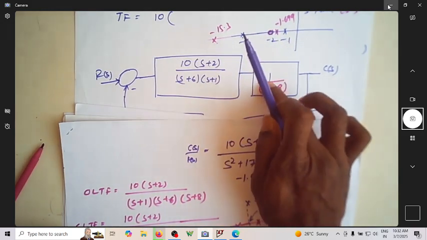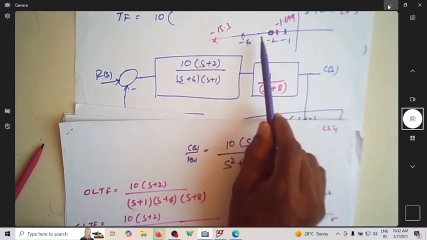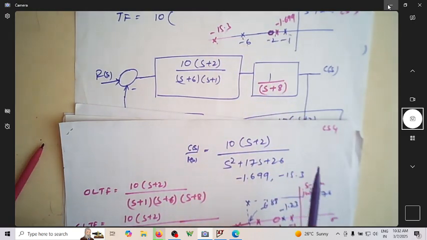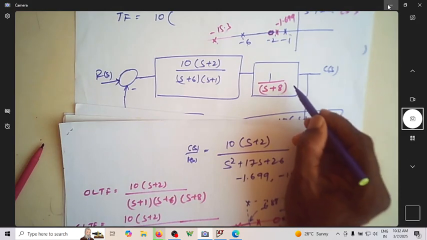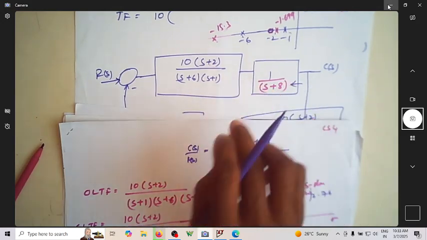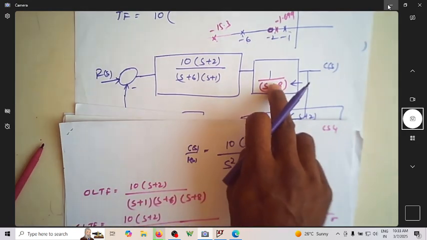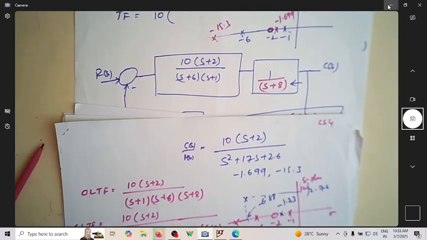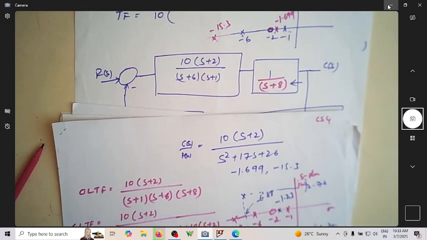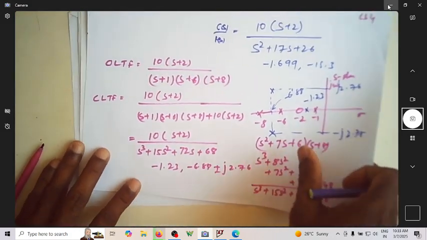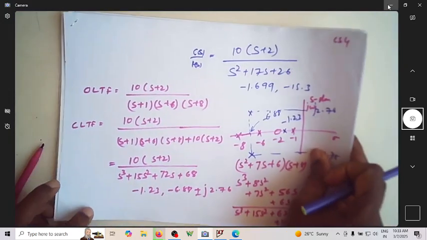Once you close the loop without this, this has moved here, this has moved here. Now we actually added a pole. Once you added a pole, it has become so and so. Fine. This is the impact of adding a pole onto the system.